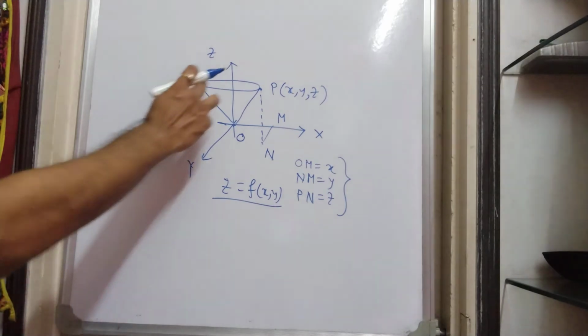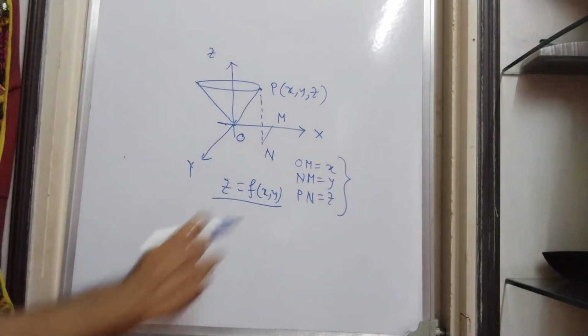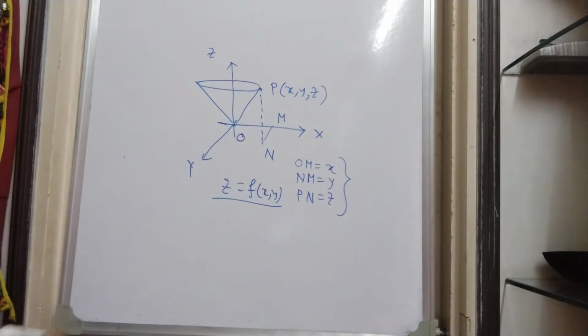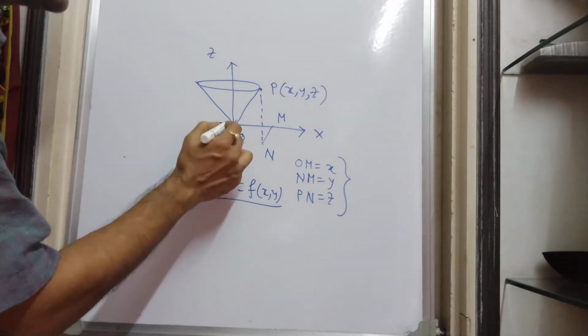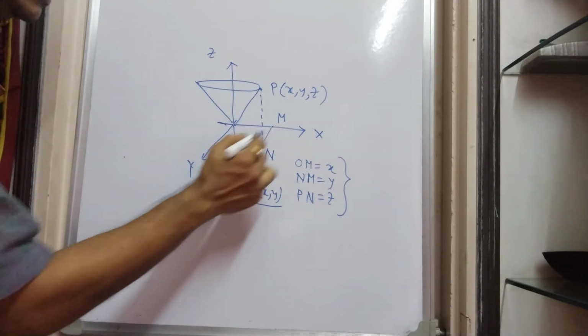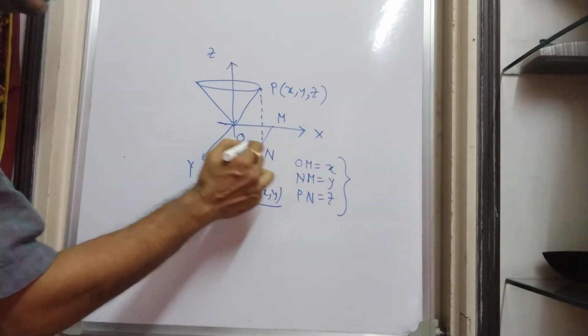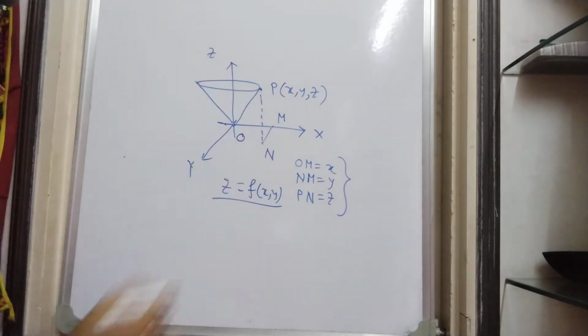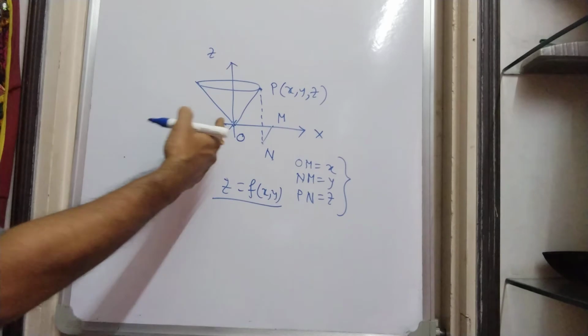It can easily be written like this: z dependent on x and y both. And to reach this point, we may travel from the origin along the x-axis to M, then along a path parallel to the y-axis, that is MN to N, and then slide up to P along the z-axis.